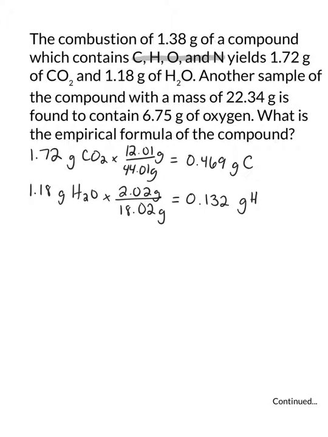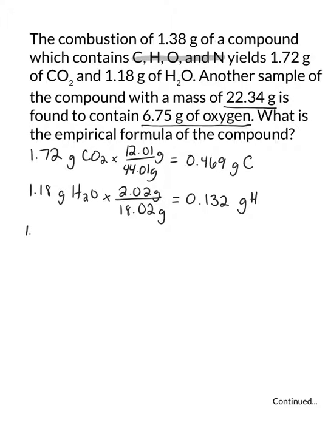Now the key here is the fact that it says another sample of the compound. Now this sample had a mass of 22.34 grams and it contained 6.75 grams of oxygen. All right, so I'm going to use an alternative method to calculate my grams of oxygen in the sample that I combusted. And how I'm going to do this is through dimensional analysis, but it's thinking about dimensional analysis in a completely different way than we have before.